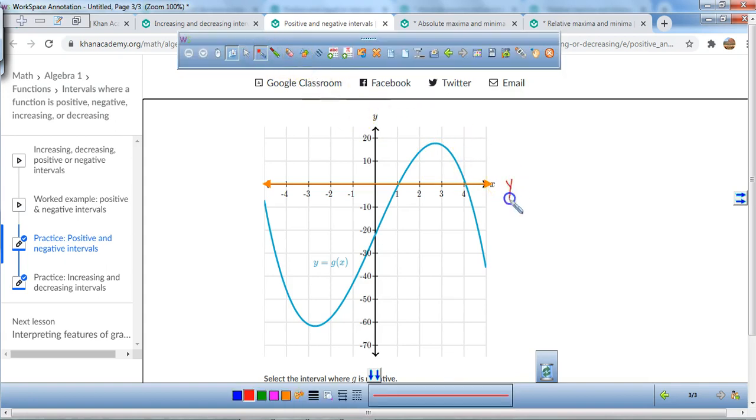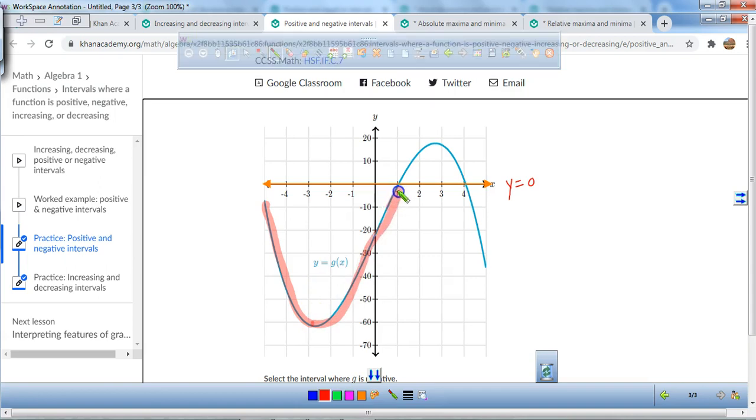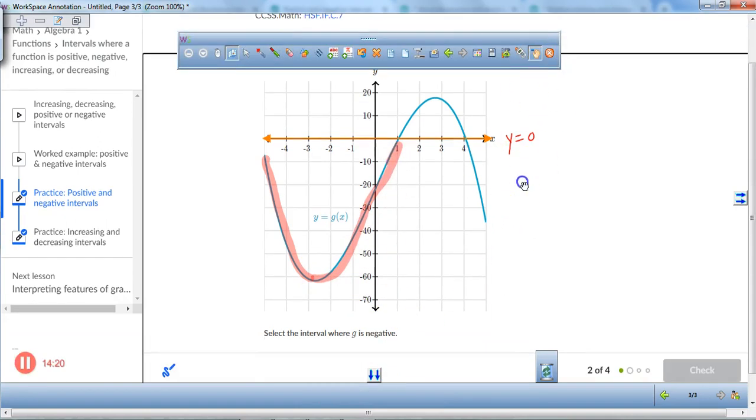Let's put y equals 0. So where are all the y values negative? They're negative from here all the way to right there. That's where they are negative. This is not saying whether it's increasing or decreasing. It just says where it's negative.